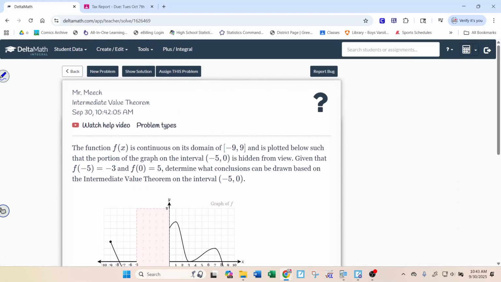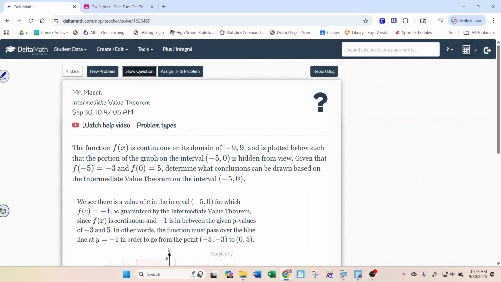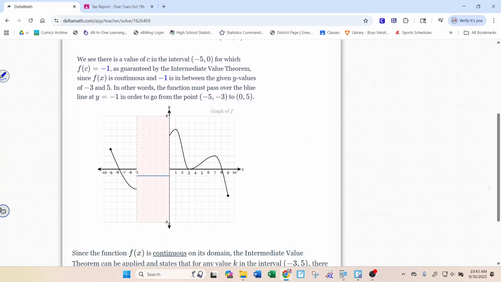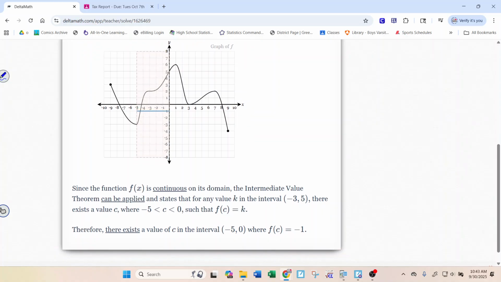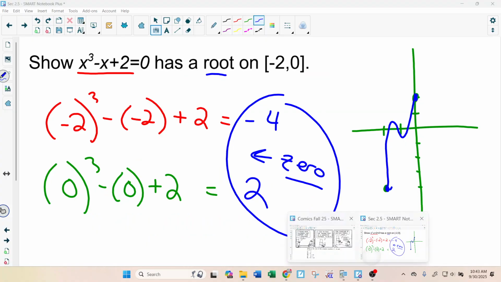Let me show you what you'll fill in. You can apply, and then it's going to ask you to say, okay, between there and there, there's a 0, and you're stepping through. Just getting you to understand what the intermediate value theorem means. Okay? All right.